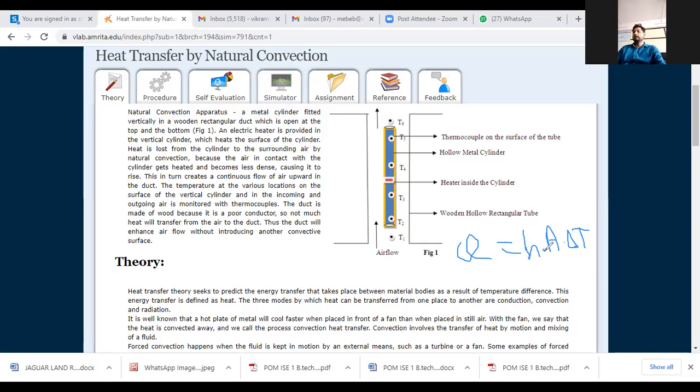It depends on the thermal properties of a fluid, on geometrical properties, and on the pressure and conditions of that fluid. If any of these properties varies, the H value will change. So it is not a property of a material. It depends on different properties of a fluid and the condition of that fluid.